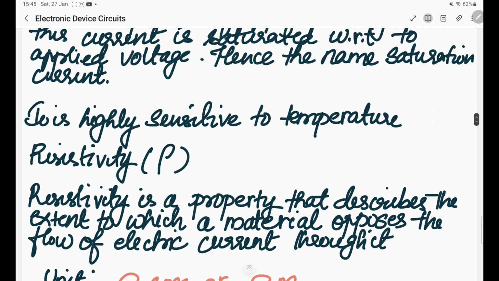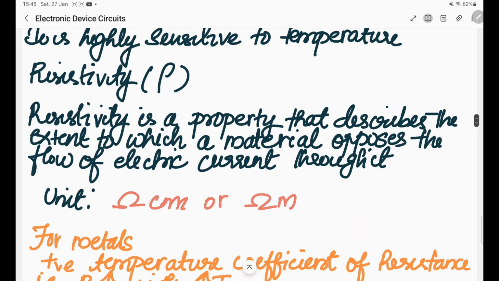That's all for now about the leakage current, and our next topic will be resistivity. So what actually is resistivity? Resistivity is a property that describes the extent to which a material opposes the flow of electric current through it. It is just an opposition to the flow of electric current, and its unit is ohm centimeter or ohm meter.